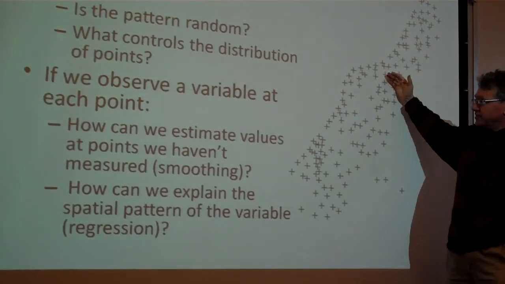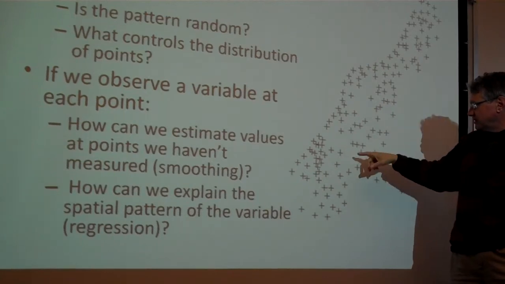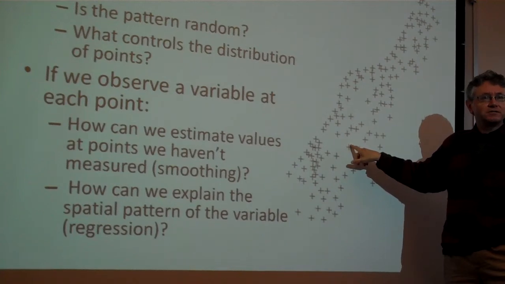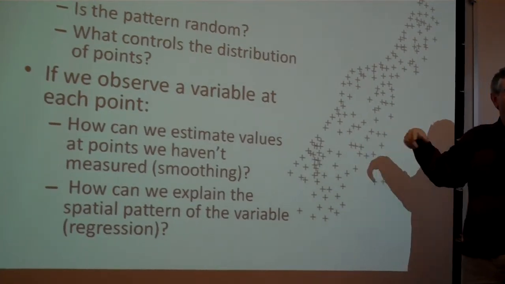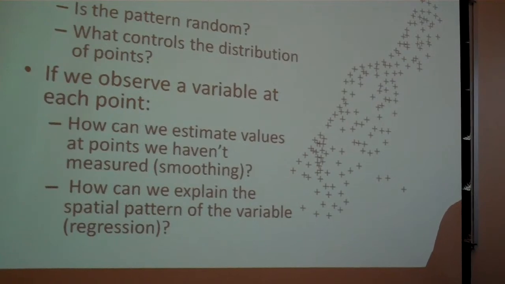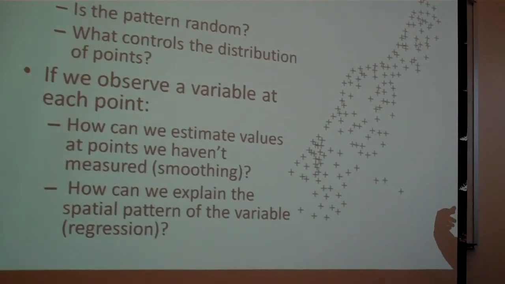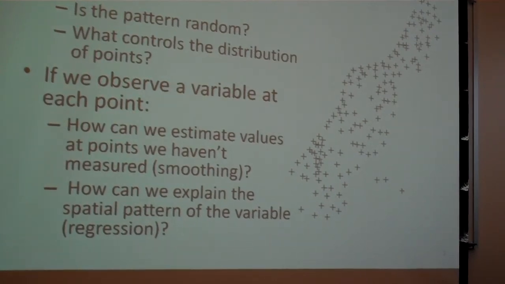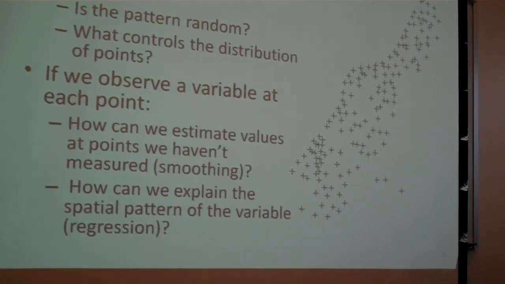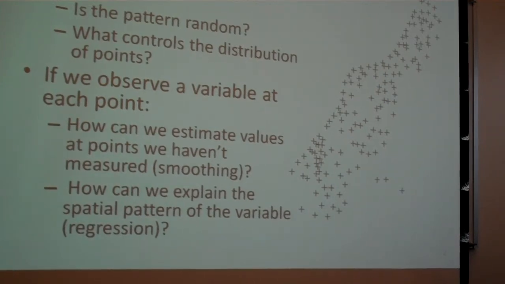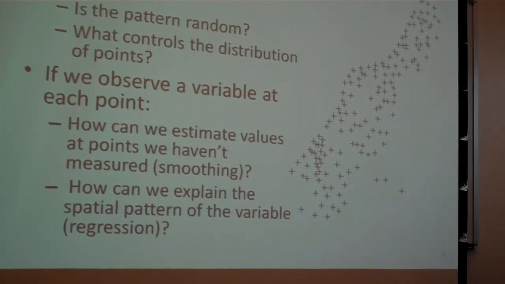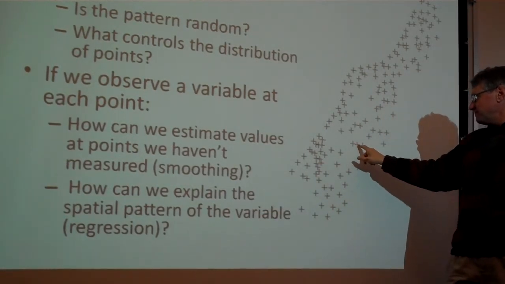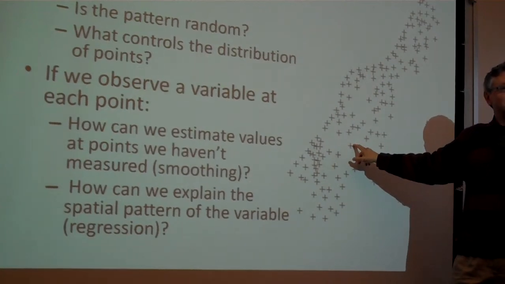But in a spatial context, it's likely that whatever processes are going on here are similar to the processes that are going on here. And remember that in regression, the stuff that's buried in the error term is not just randomness. It's all the other factors that matter that we haven't included in our analysis, and some of those factors are likely to be similar next door as they are here.